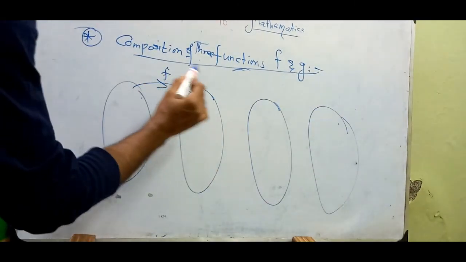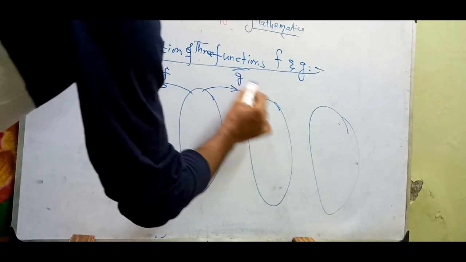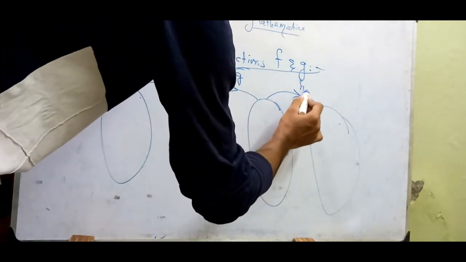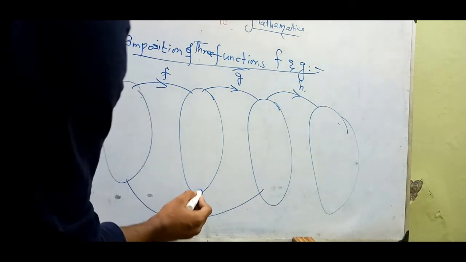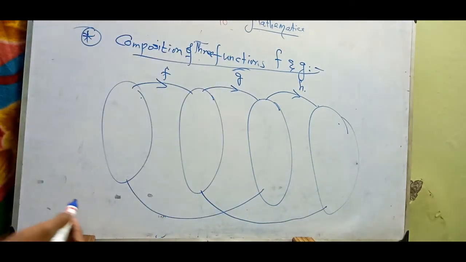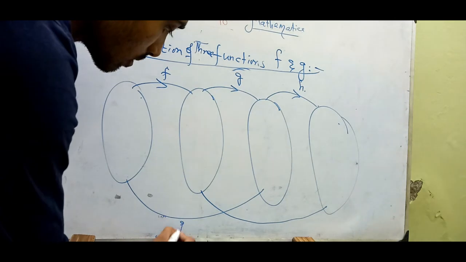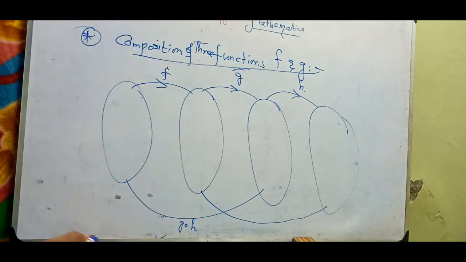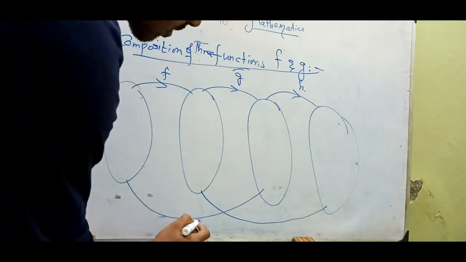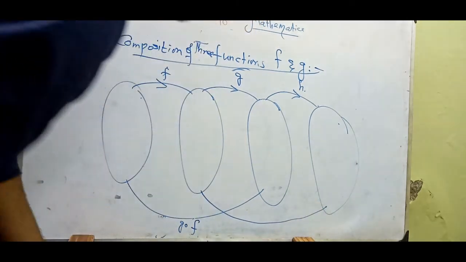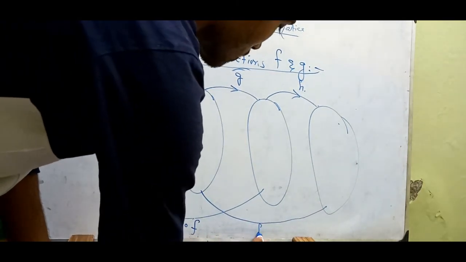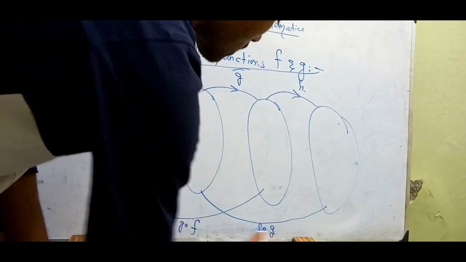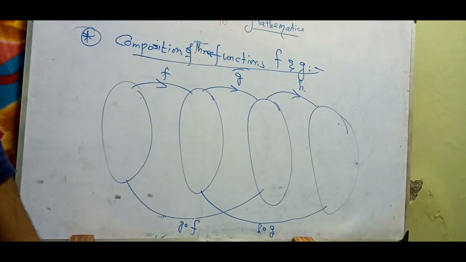So first is f, second g, and third is h. So here to here, then here to. G compose f, and here h compose g.